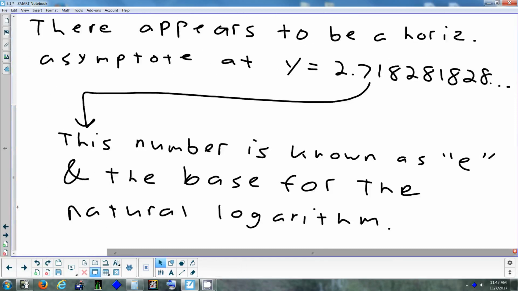And the natural logarithm happens to have a base of E. So this number that we're going to use for our base tomorrow comes from the exponential function I just showed you, 1 plus 1 over x to the x. It'd be kind of weird to figure that asymptote out by hand. But using the calculator, it's not too bad.